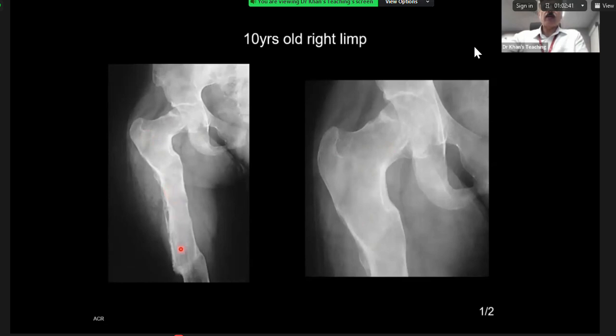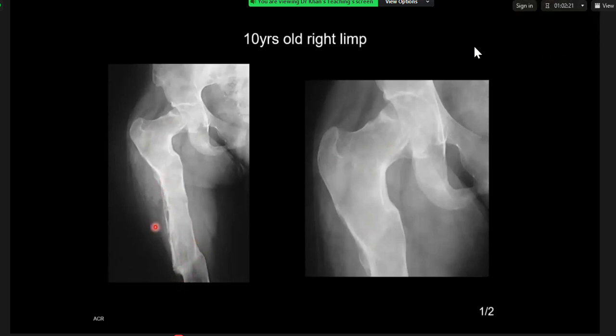With that, you can infer what has happened: in the past there must have been a fracture here, and you can see that there must be a plate here and screws here. So the story is that there was some internal fixation here, whatever has happened in the past.